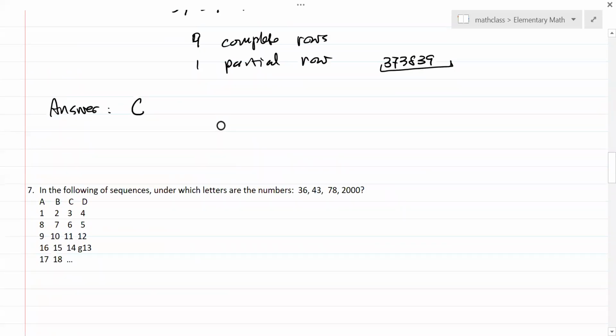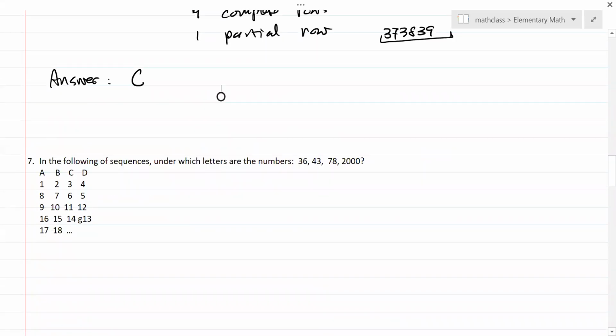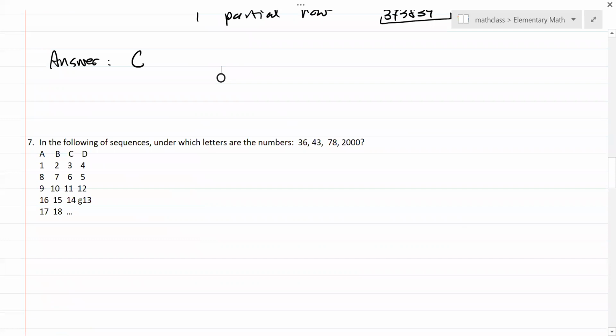Let's do a similar problem. I'm going to ask you to do this one. It's easy. In the following sequence, which letters are the numbers 36, 43, 78, 2000?